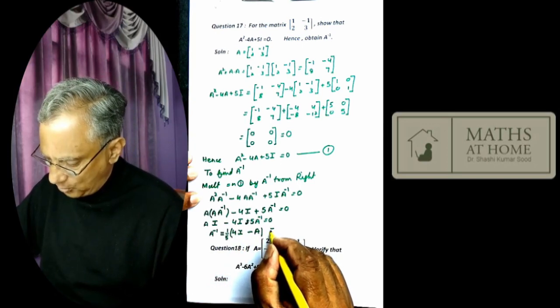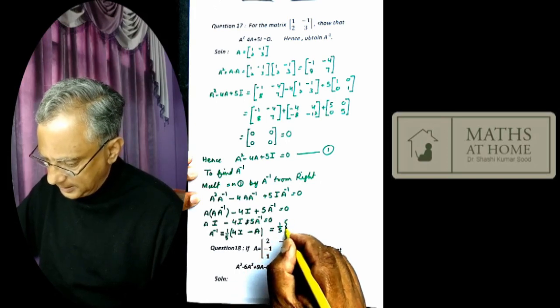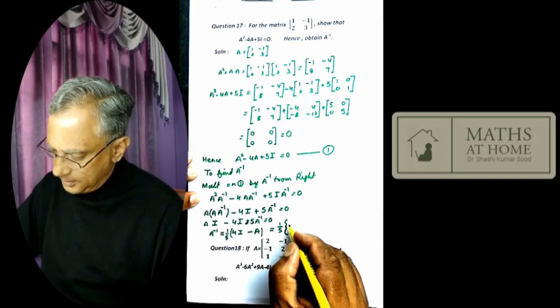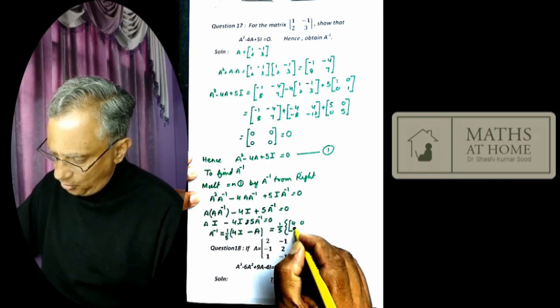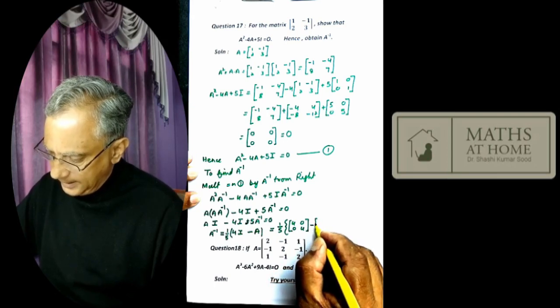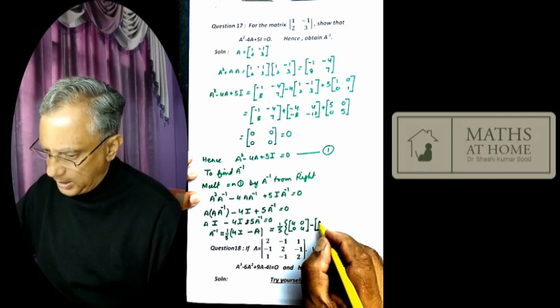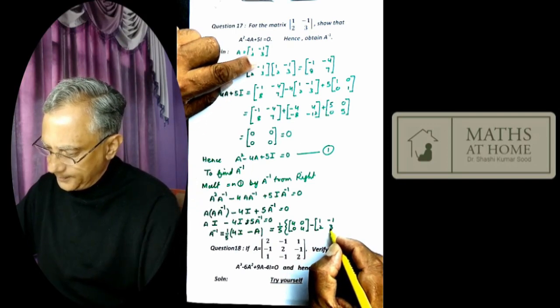And this is equal to 1 by 5 into 4I. 4I will be equal to [4, 0; 0, 4] minus A. How much is A? A is [1, -1; 2, 3].